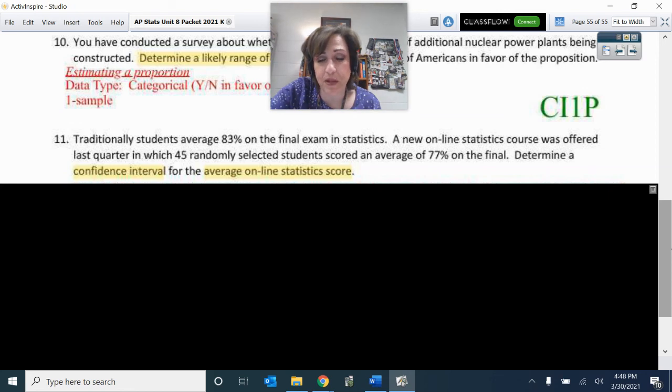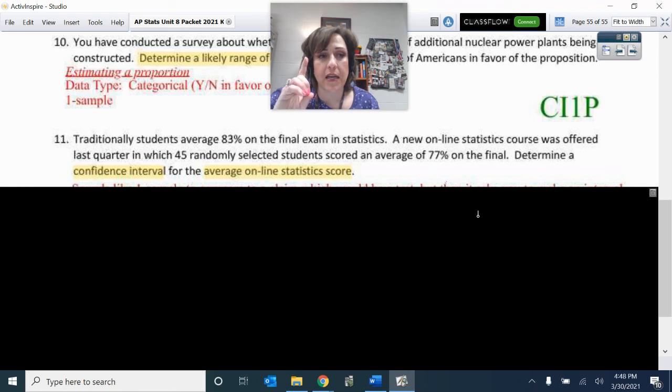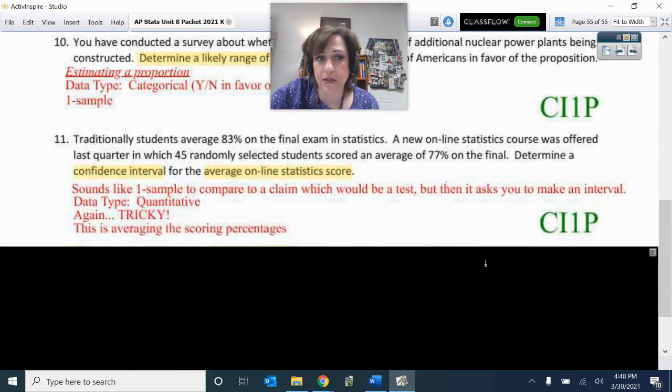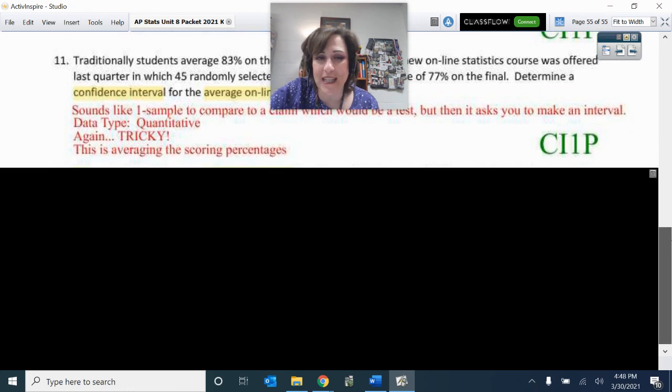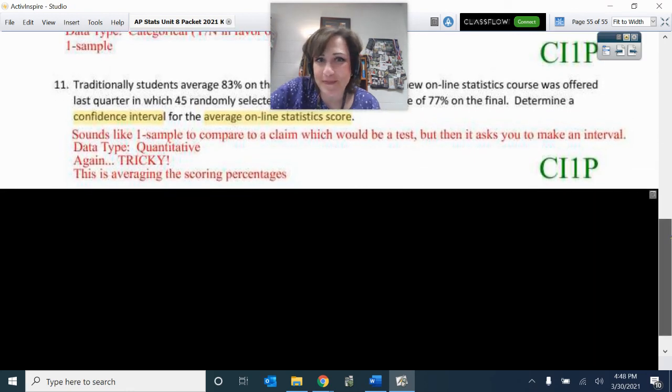They take one sample of 45 and then make an interval to find the average score from that point estimate of 77. So that is a confidence interval for just one sample, and it's a mean because it's an amount. Also tricky because it is a numerical score. You're getting that average percent.